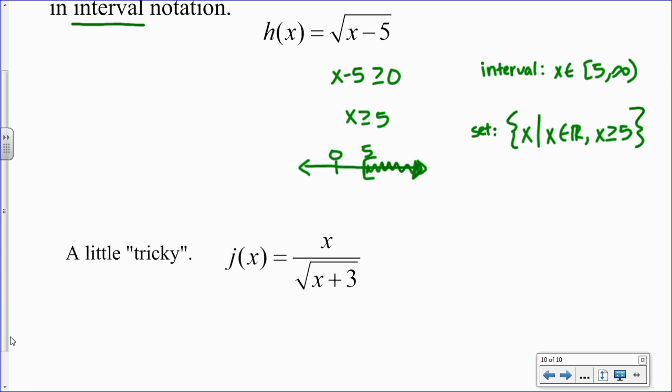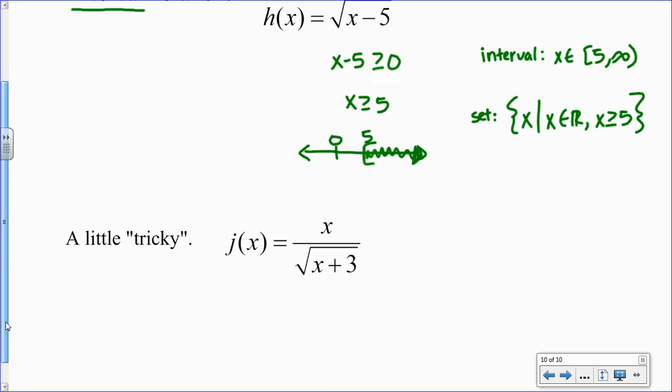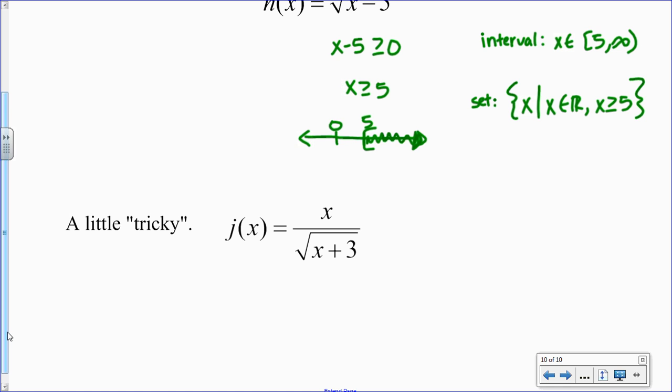So the reason why we say this one's a little tricky is because it's a radical and a rational. Not only do you have a denominator, but you also have a radical in the denominator. So it's a combination of both. So the rational part tells me that x plus 3 can't equal 0. The radical part tells me that x plus 3 has to be greater than or equal to 0.